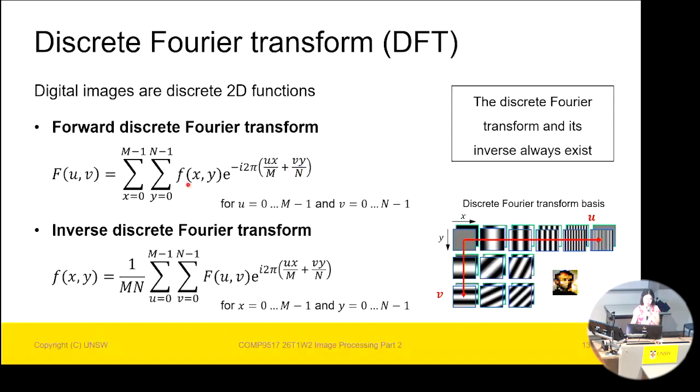After this computation, we get one value for this particular u and v, and then you can index u and v with this range, and you get the 2D matrix of the same size as the input image, and that gives you the output after the Fourier transform. Each value in the matrix, similarly, represents how much information is in that image of this particular frequency.